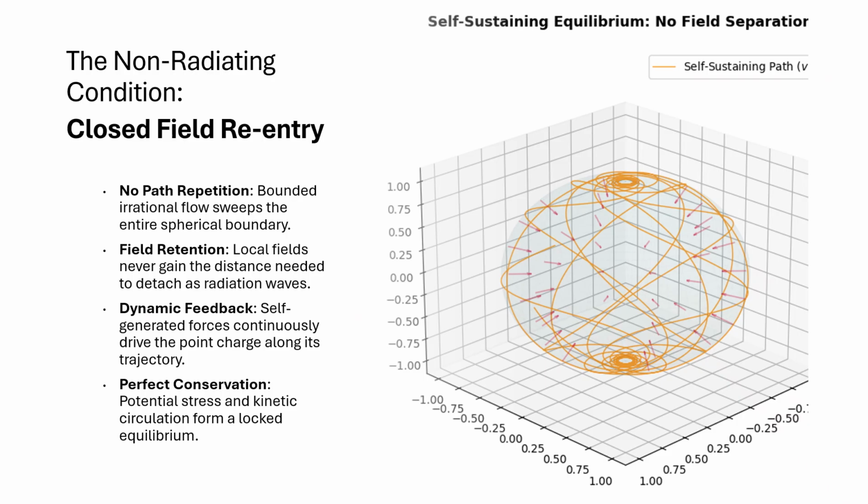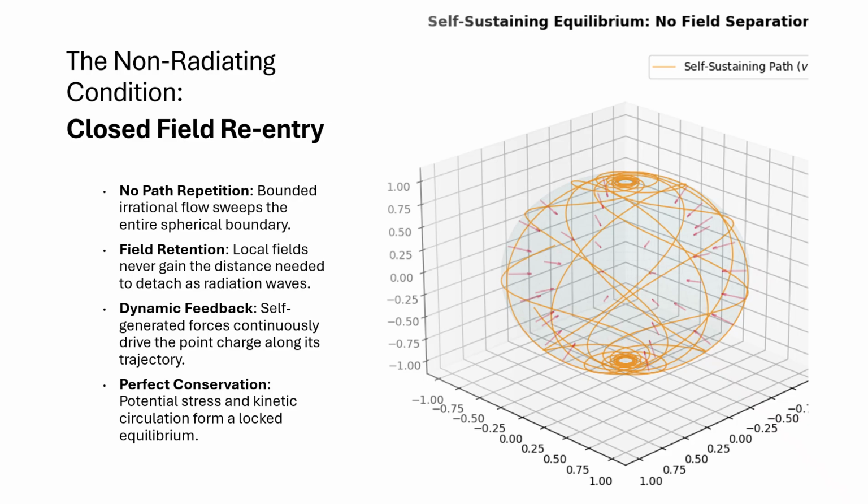The radiation problem, I will refer to my papers on ResearchGate on that. Why doesn't it radiate its energy out? The key here is this irrational frequency ratio that we found, and the fact that there is no path repetition, which causes the charge to sweep the entire spherical boundary.